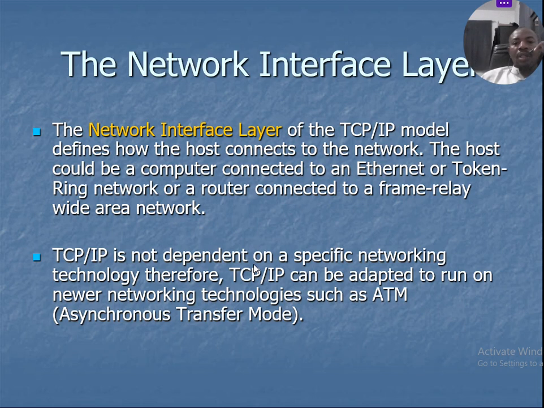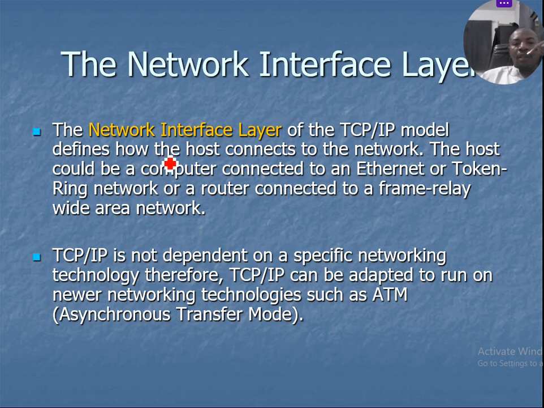The next one, the last one, is the network interface layer. Now the network interface layer for the TCP/IP model. Remember in the OSI model, this is in two stages: the physical layer and the data link layer. But for the TCP/IP model, it's just called the network interface layer. The network interface layer of the TCP/IP model defines how the host connects to the network.